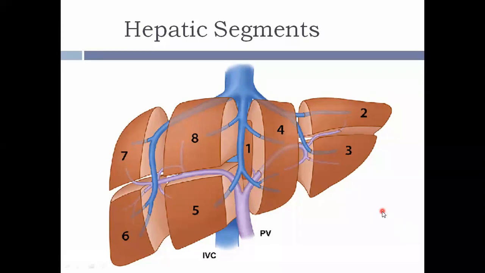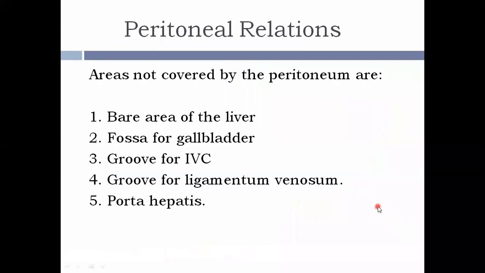Now we'll move on to the next topic, which is the peritoneal relation of the liver. The liver is almost completely covered by the peritoneum, but there are some areas that are not covered by the peritoneum. There are around 5 such areas. What are they?